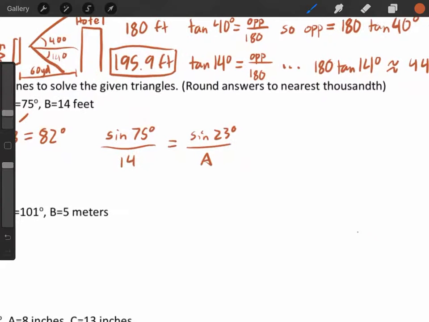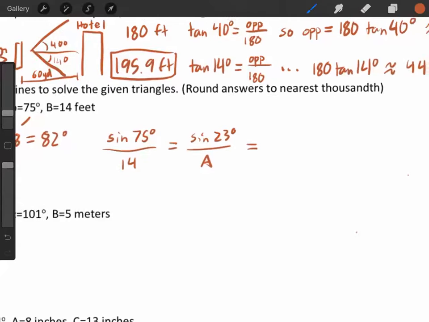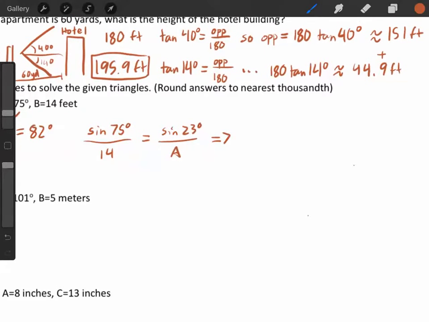So what we do here is we multiply by a, and then we rewrite this equation so that it turns into a sine 75 degrees over 14 equal to sine of 23 degrees.